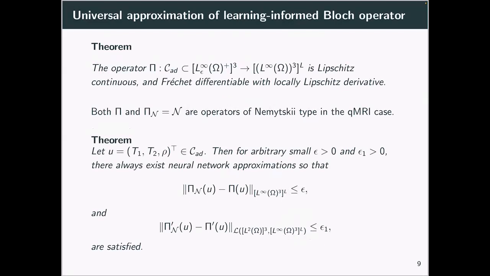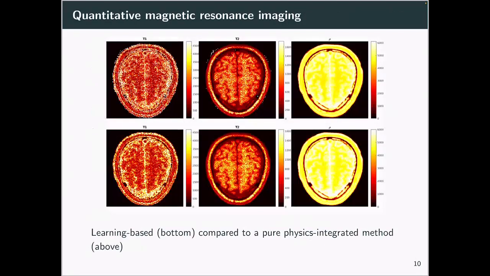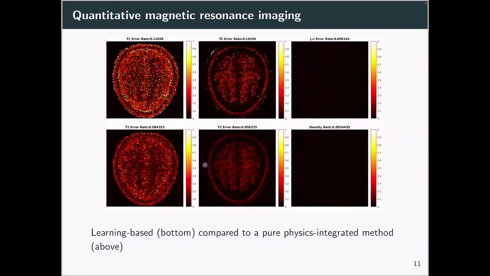Again, I can show you some numerical results without going into too much detail. In case you are interested in the algorithms, please also refer to our paper. The results indicate that the learning-informed operator can produce a satisfactory result for quantitative magnetic resonance imaging.